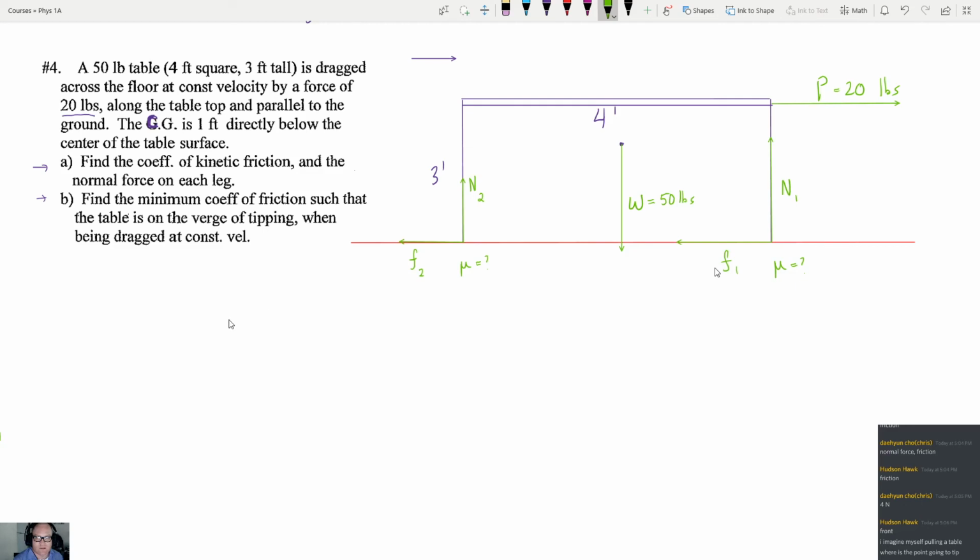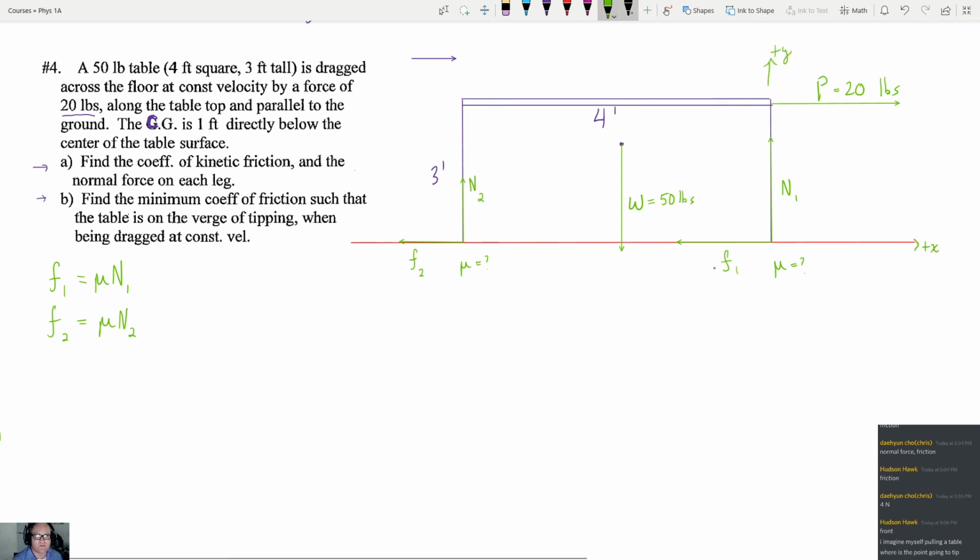Now we can say some things here before we even go into that. We know that F1, the friction force in the front, should be equal to that coefficient of friction times N1, and F2 should be equal to that coefficient of friction times N2. We're really running out of time, so I'm just going to briefly go directly into this. Now that we've drawn all of our forces, the next step is usually to define x and y directions. We'll call this the positive x direction. We'll call this the positive y direction.